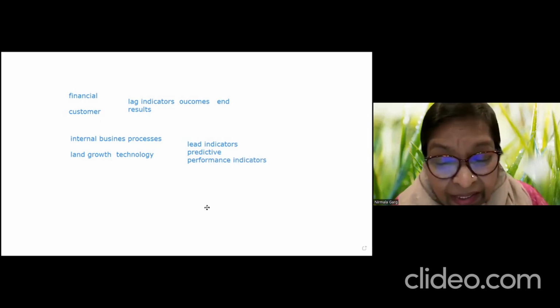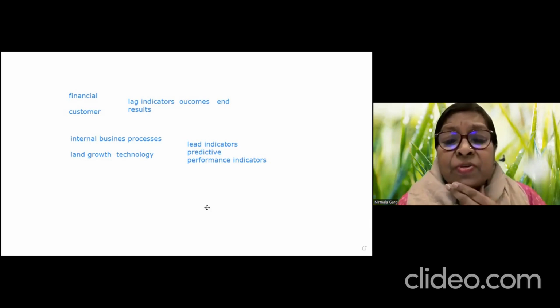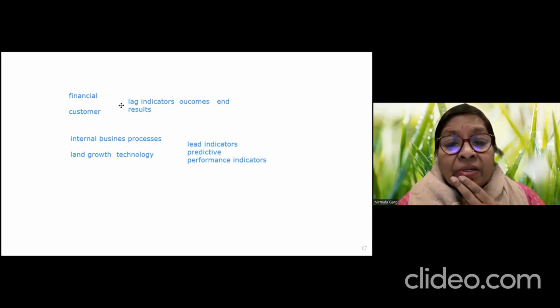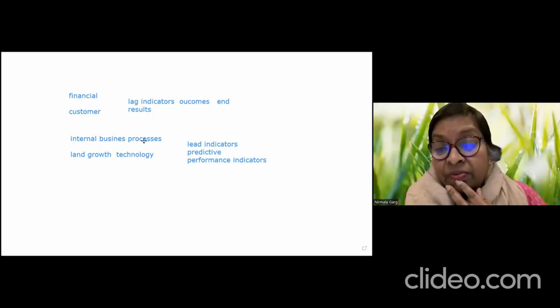Okay? Performance indicators. Now, the balanced scorecard is such a beautiful scorecard. You cannot achieve the financial outcome or the customer outcome without working on the learning and growth perspective or the internal business process perspective. What does it say?